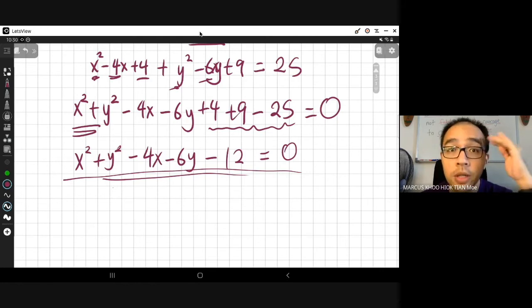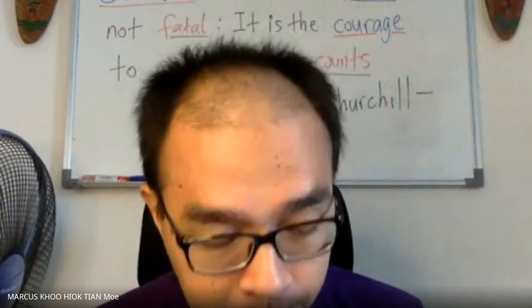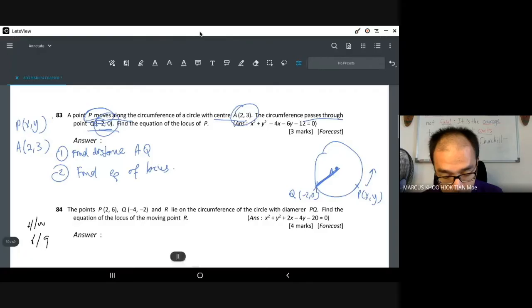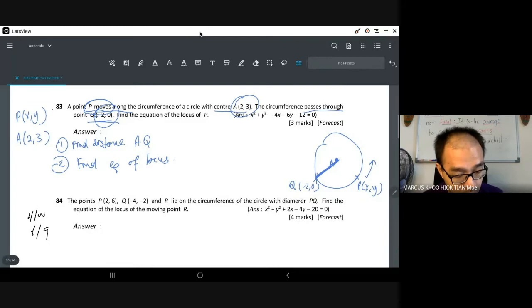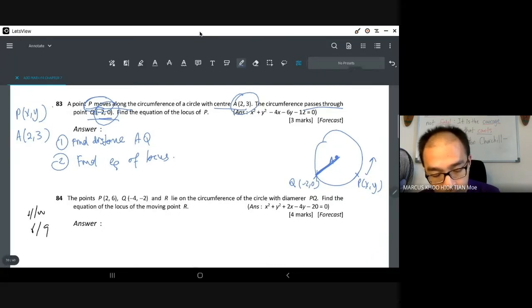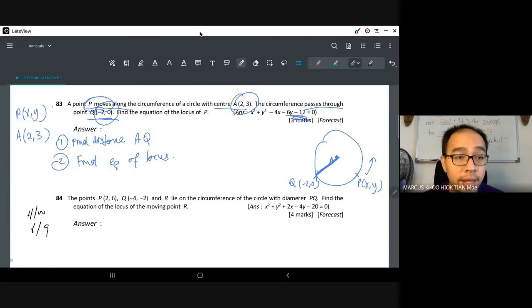Set it in your mind: if the equation of the locus is a circle, it sure has the x squared and y squared there. Definitely must have, because it's the equation of a circle. Why is it minus 20? Sorry, minus 12. Okay, fine. Minus 12 equals 0. So we got it right.